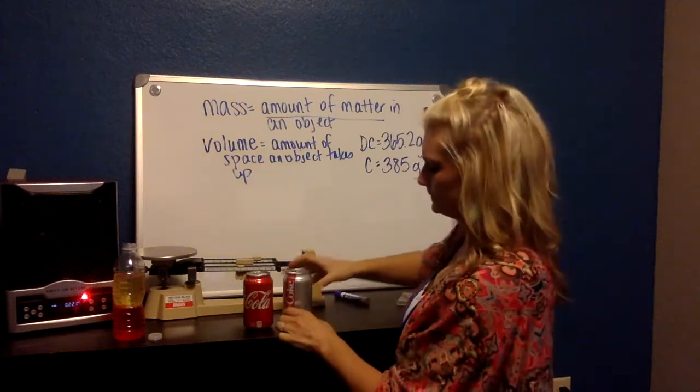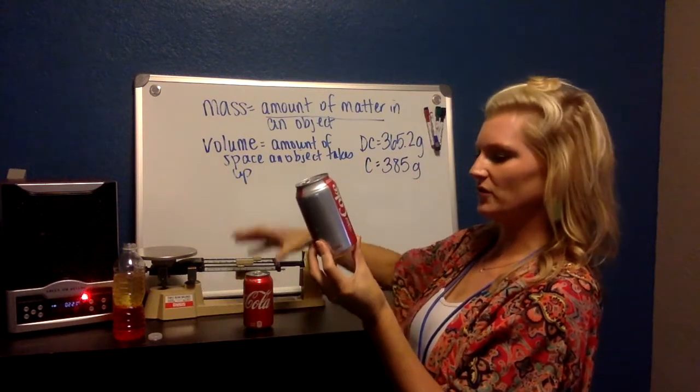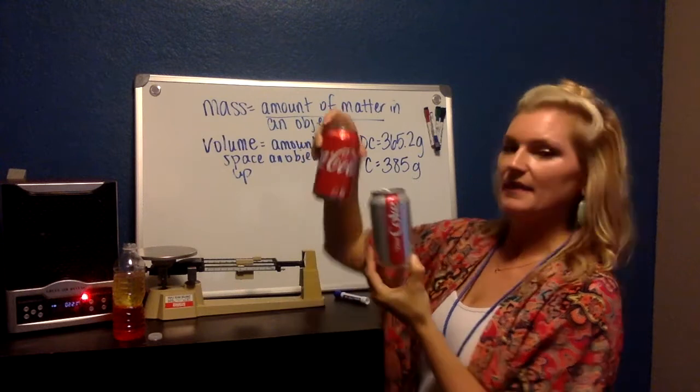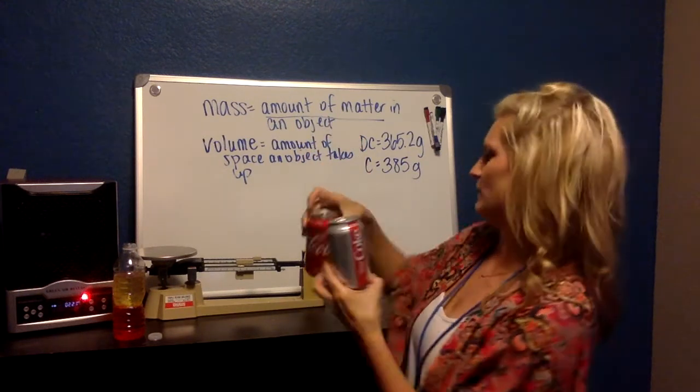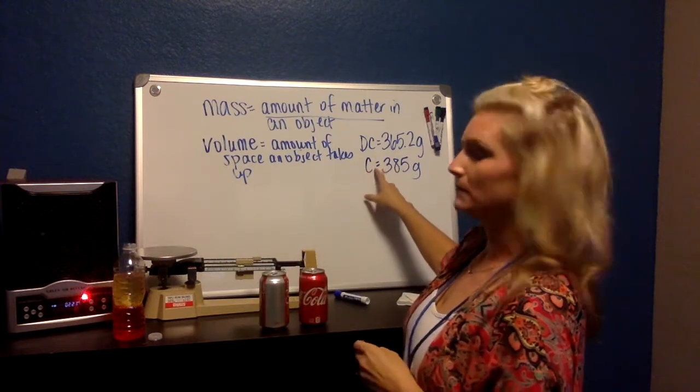Well, let's see. This one's 12 fluid ounces, and this one is also 12 fluid ounces. So the volume is the exact same. So we have the same volume, but we have different masses.